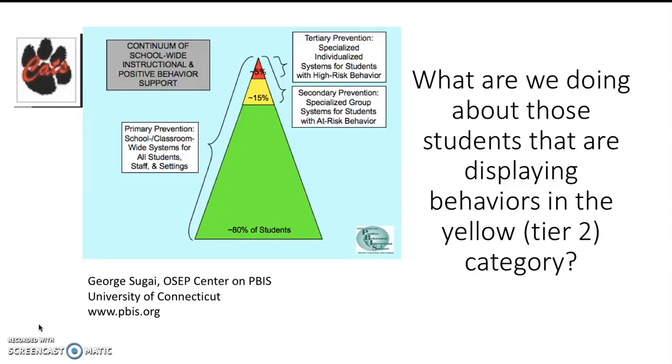Here's the tier triangle from PBIS that talks about the 80% of students in Tier 1 and the 15% and the 5% at risk.